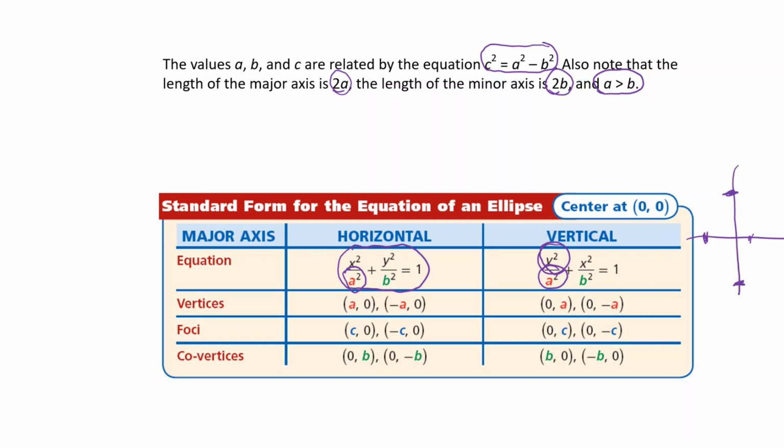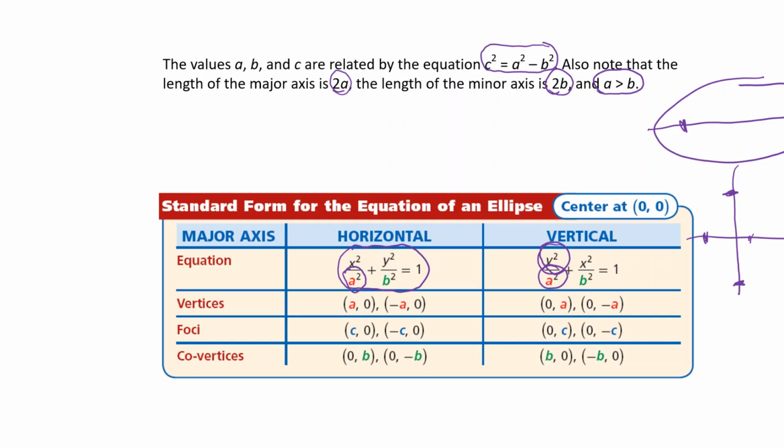And then your vertices are going to be at (a, 0) and (-a, 0) for horizontal, or for vertical, your major vertices are at (0, a) and (0, -a). All right, and the foci, if it's horizontal like this, you're going to have your foci on the major axis.